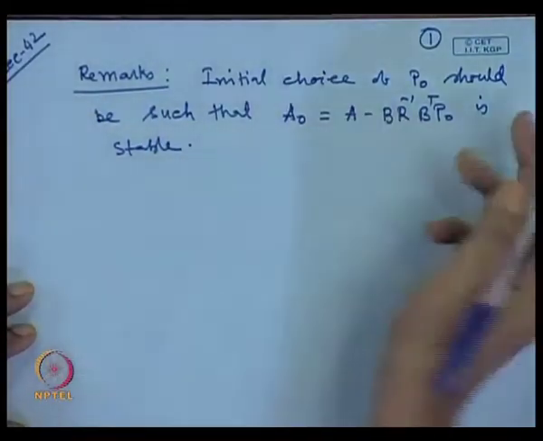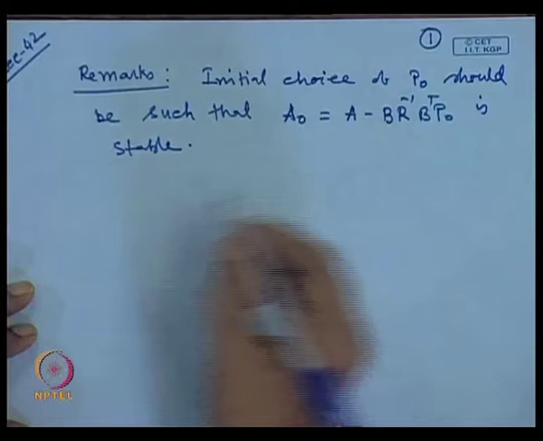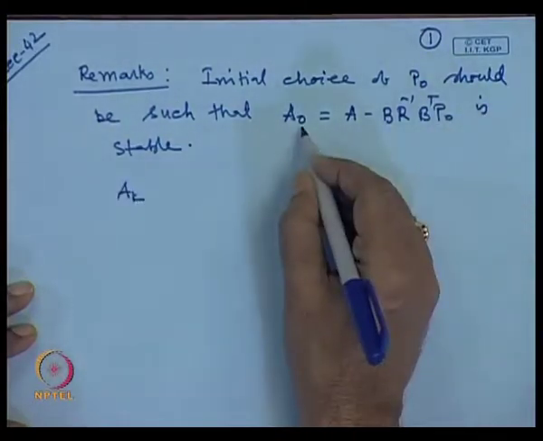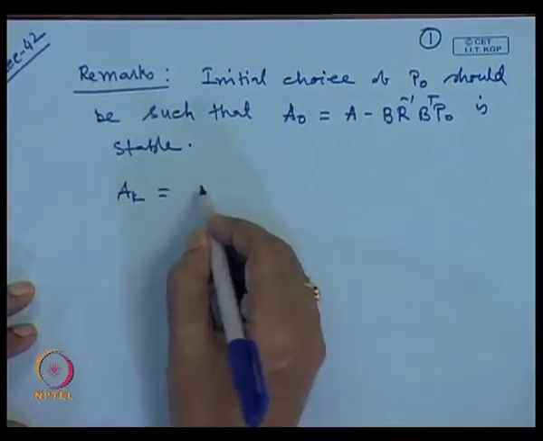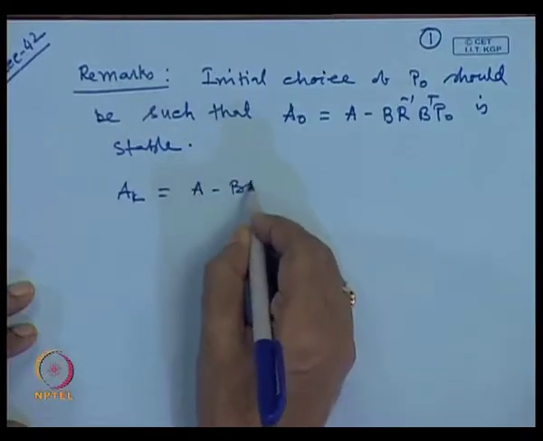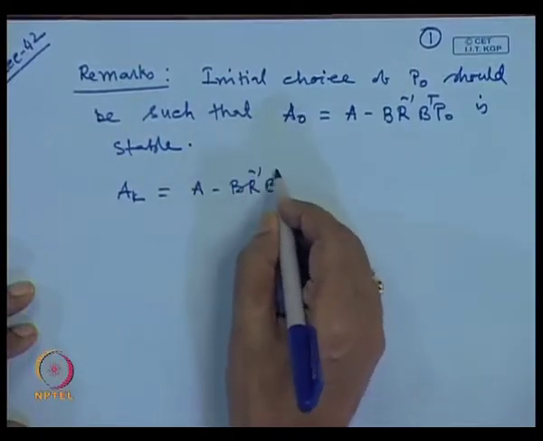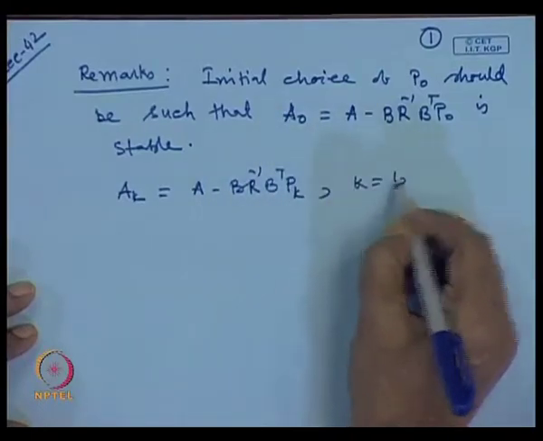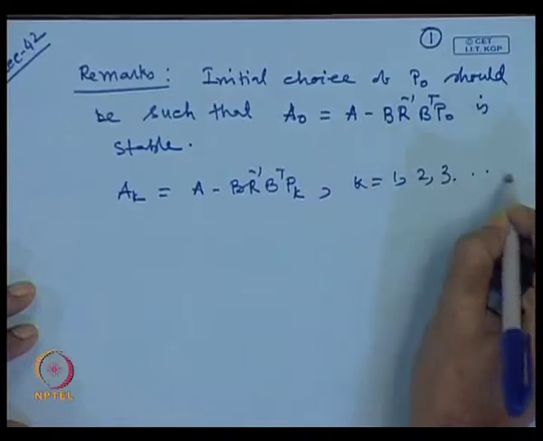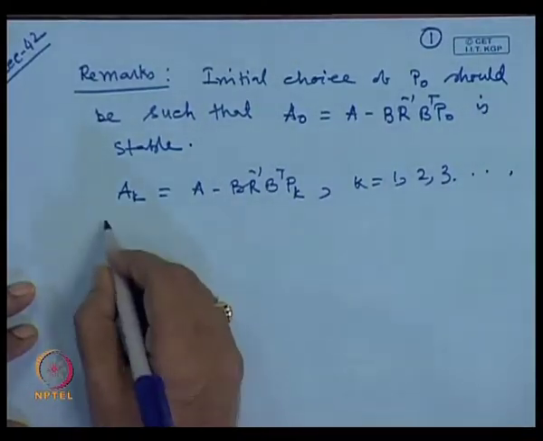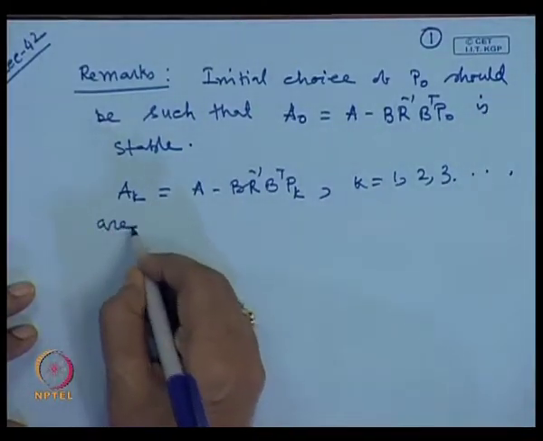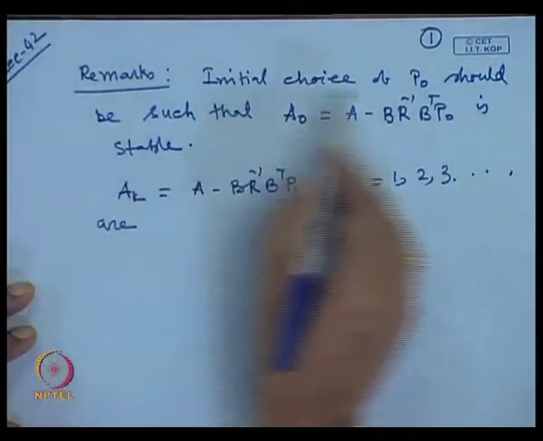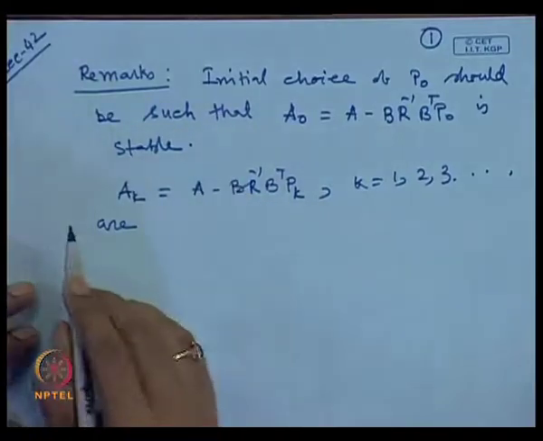Agree? So at any kth iteration, I can write A of k, starting from the 0th iteration A 0, as A minus B R inverse B transpose P k, where k is equal to 1, 2, 3, and so on in the iteration. A 0 is stable; the initial choice is such that it is stable.